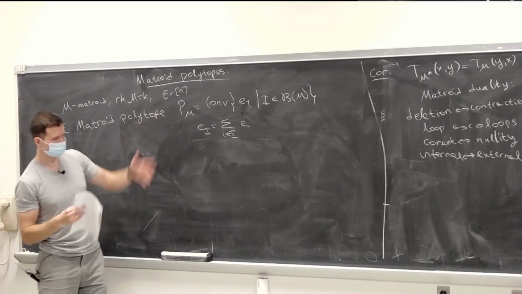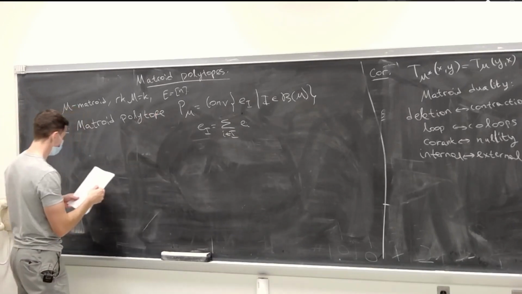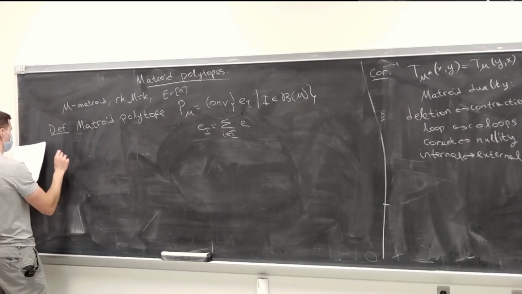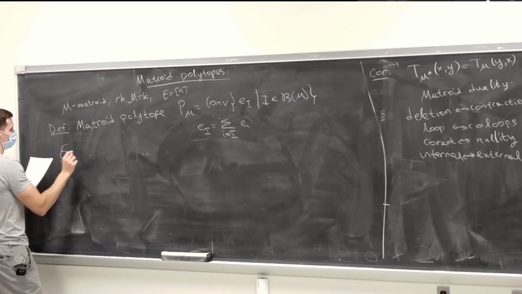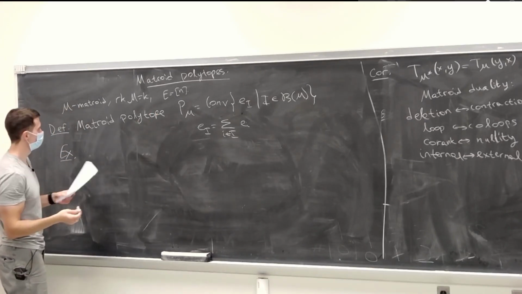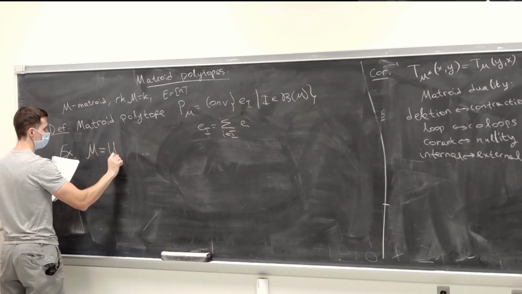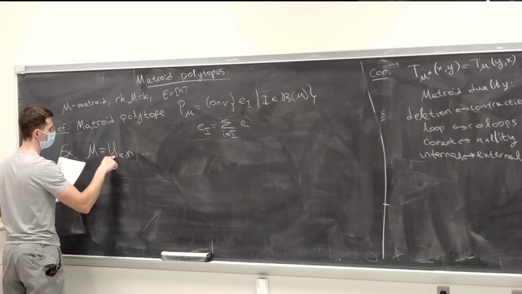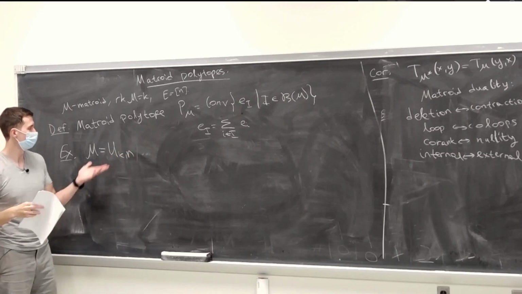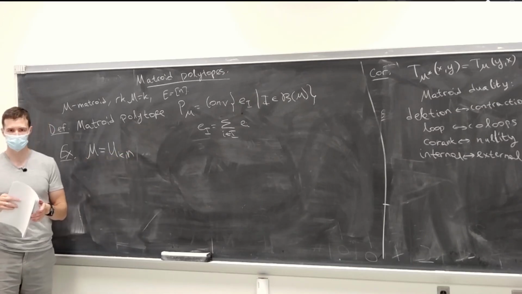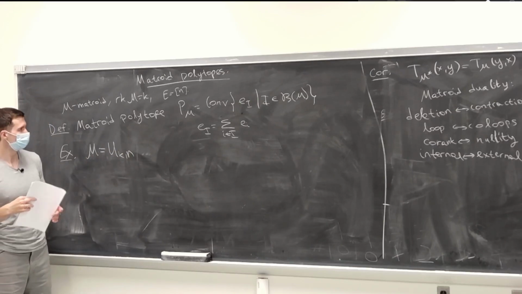So you get a polytope. The most interesting example here is the uniform matroid. Remember, the uniform matroid is the one where any k-element set forms a basis.